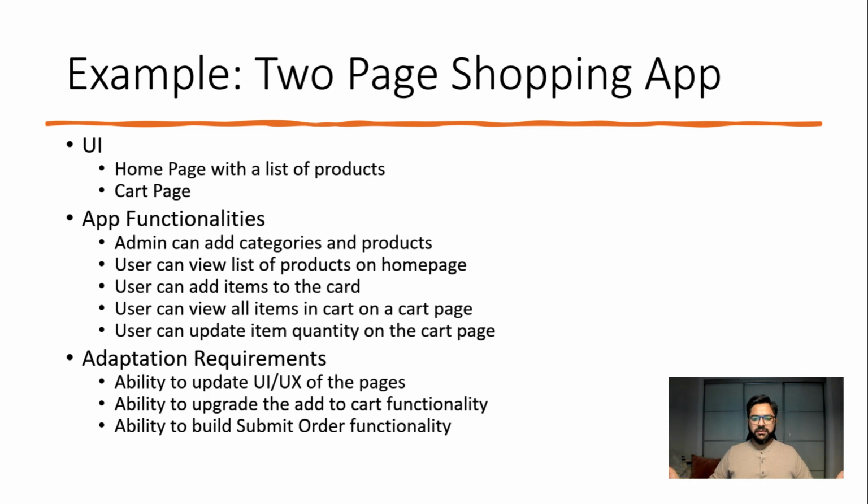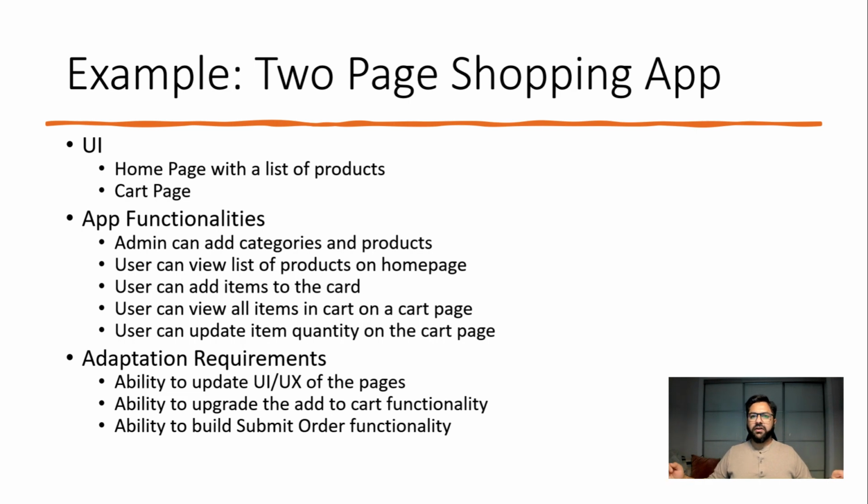And for the adaptation requirements, we should be giving the implementation app the ability to update the UI UX, so completely overhaul the look and feel of the pages if they want. The ability to upgrade the add to cart functionality if they want it, so they want some pop-ups thrown in somewhere here, or any notification messages or anything as such.